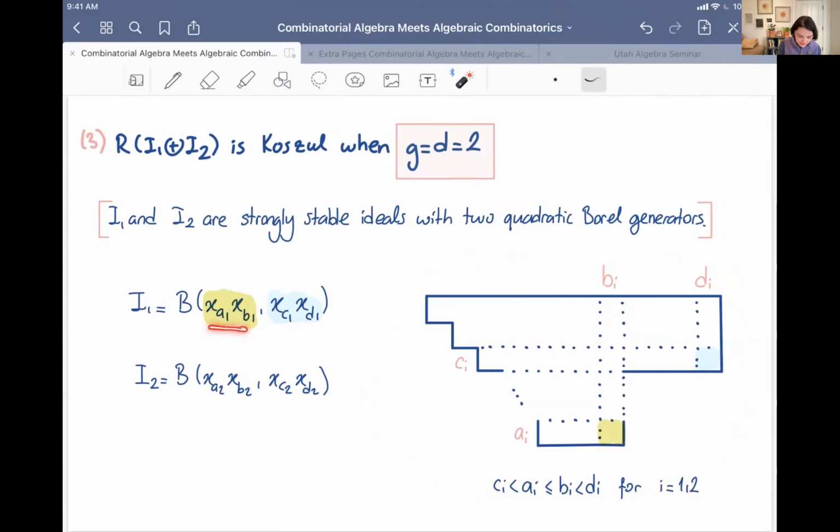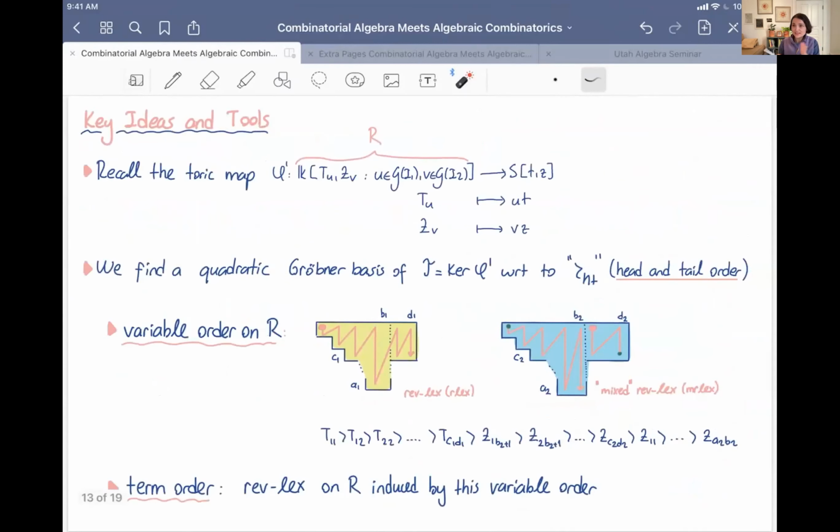So this Borel generator corresponds to this corner, and through Borel moves, you could get all the other monomial generators here. And that blue one is this corner, and through Borel moves, you cover everything to the left and up of this one. So the key idea, in the remaining 2 minutes, I'll just try to give you the main idea of what we've done, how we proved this last thing.